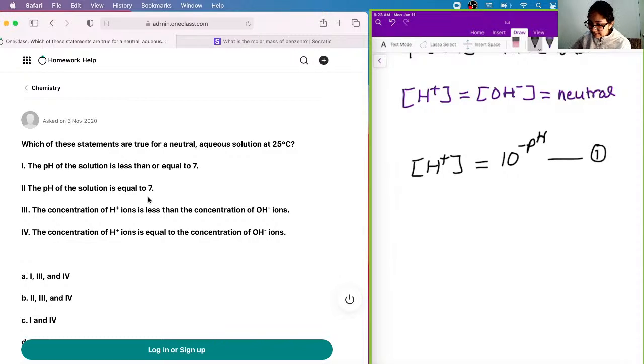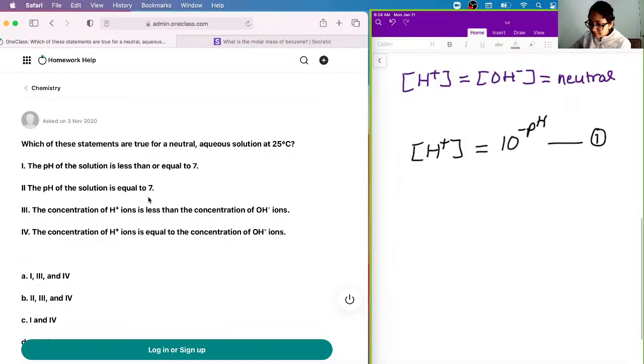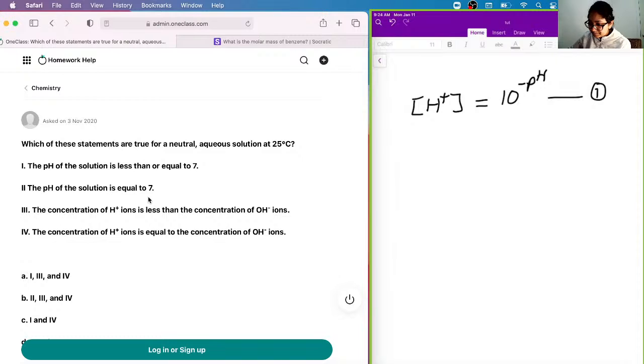And so we can say the concentration of your hydroxide ions can be related to your hydrogen ion concentration by a second equation, where, if you guys recall, the ion dissociation constant of water, which is Kw, is equal to the concentration of hydrogen ions times the concentration of your OH ions.